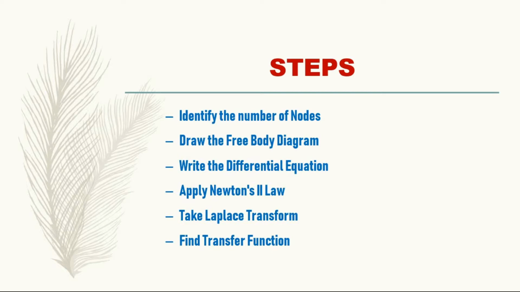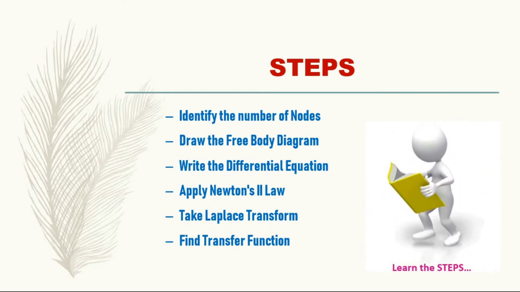With the help of Newton's second law, we are going to write the differential equation, and using the differential equation we are going to find the Laplace transform. So by taking the Laplace transform, we are going to finally identify the transfer function for the given system. So the main step is to learn all these steps in order to solve the problem.